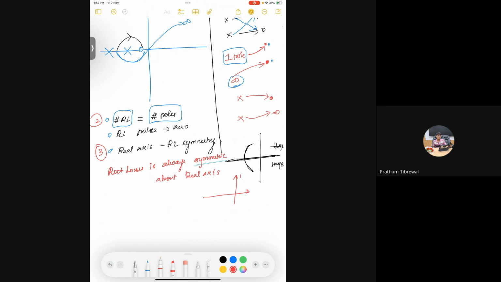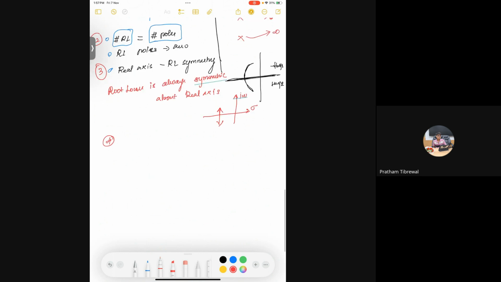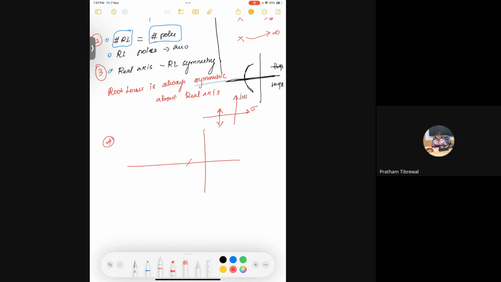So this is your imaginary axis, this is your real axis. About this, the root locus will always be symmetric. The fourth property tells that a portion of the real axis belongs to the root locus if the total number of real poles and zeros to the right of the root locus is odd. For example, I'm going to take test points, T1, anywhere you can take here, here.